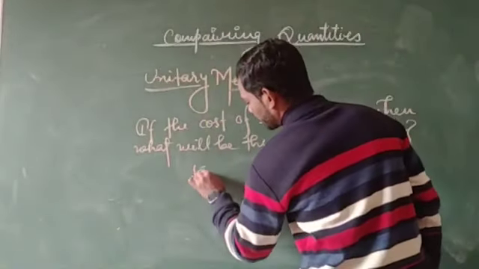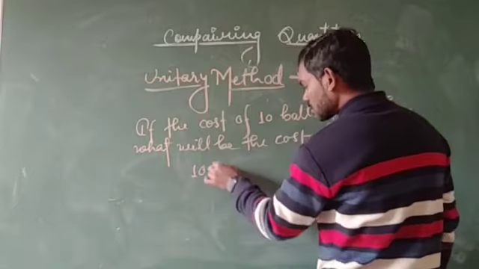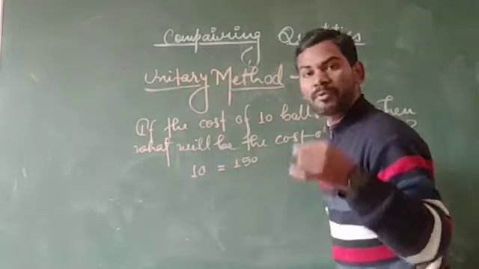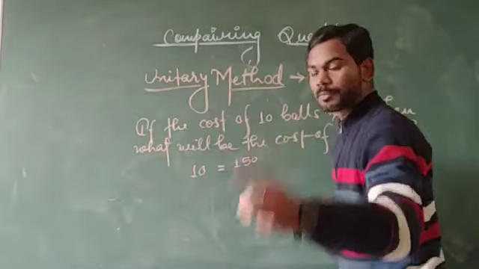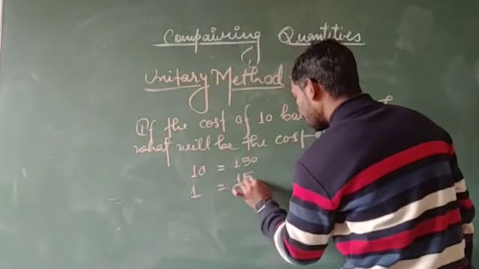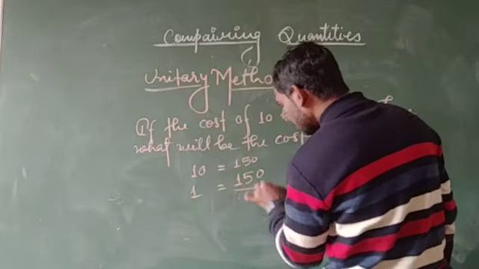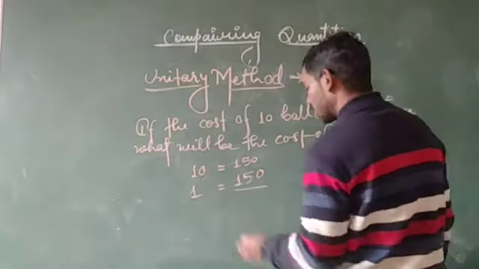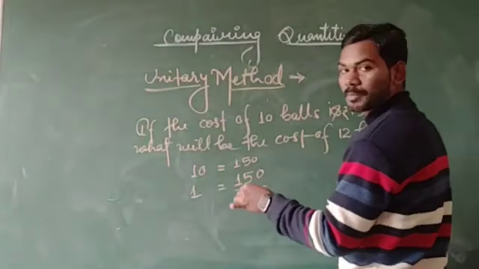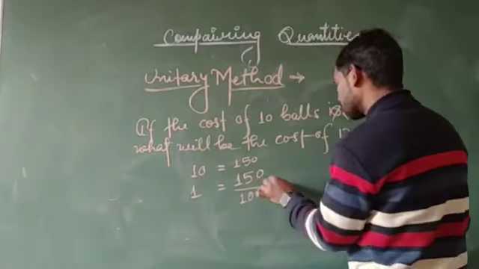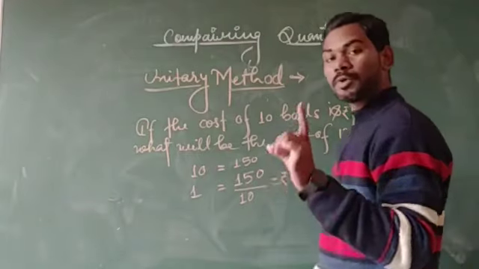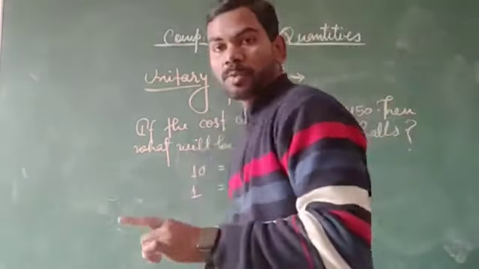Since the cost of 10 balls is 150 rupees, here we find the cost of one ball. Therefore the cost of one ball equals the total cost divided by the number of articles, that is 10. So when we divide 150 by 10, we get 15 rupees. Therefore the cost of one ball is 15 rupees.